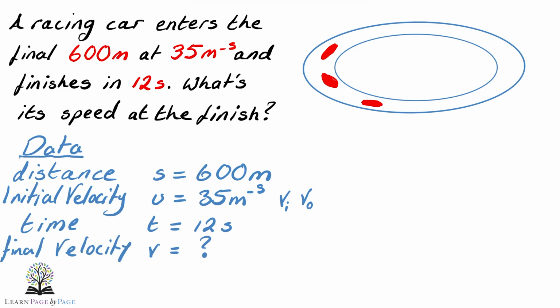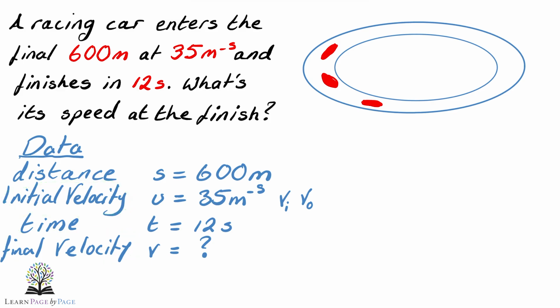And then from this lot here, we've got to decide which physics equation we're going to be using. And we want one that connects distance, also known as displacement, which is S, initial velocity, time, and then final velocity.